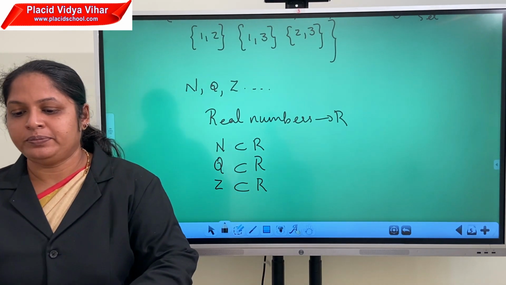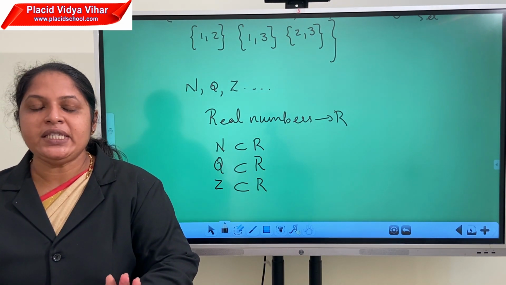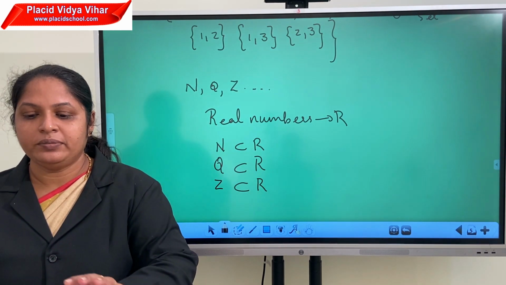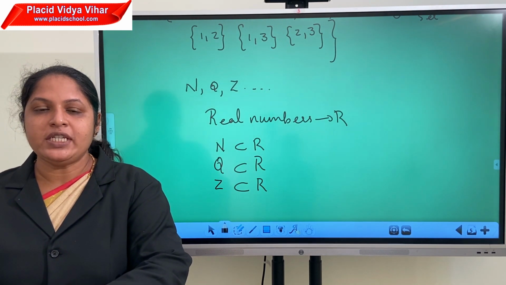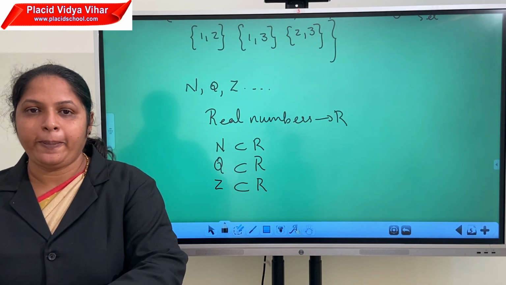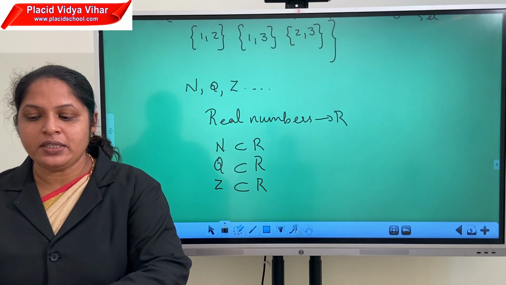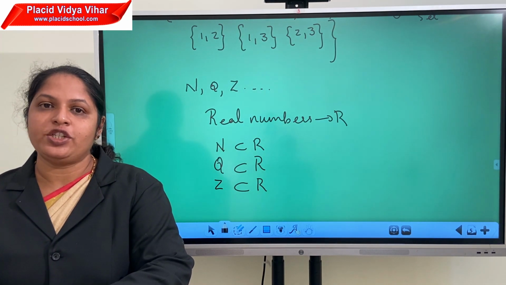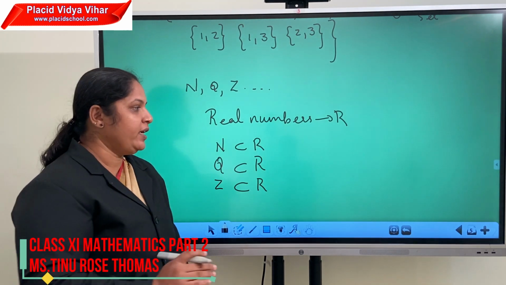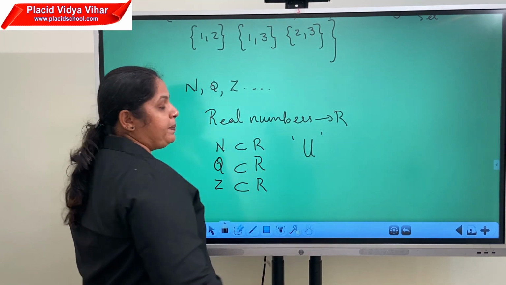Write the definition. Any basic set can be a universal set. Example, for the set of all integers, the universal set can be the set of rational numbers or the set of real numbers. The universal set is represented by the capital letter U.